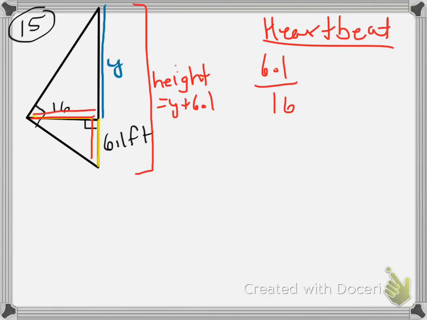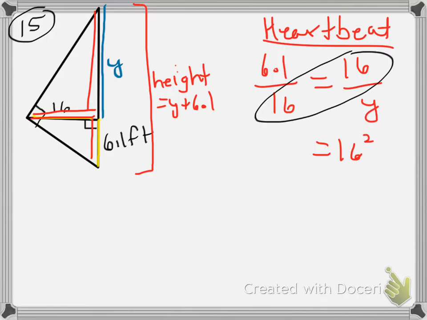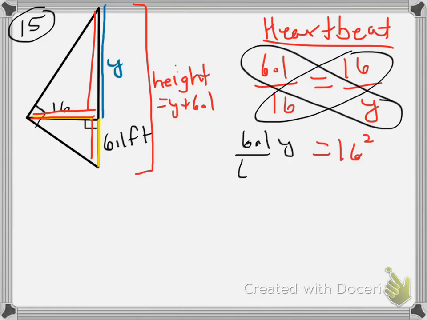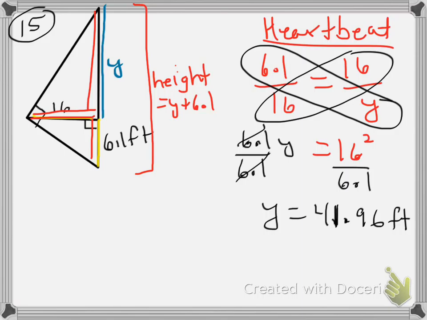Then we're going to come back down it, which is 16, and then we're going to go up the Y. Now we can cross multiply, and what we're going to get is 16 squared. When you cross multiply this times this, you get 6.1y. So I divide by 6.1, divide by 6.1. Those will go away, and I'll know what y is. So that gave us 41.96 feet when I did all that work for y.